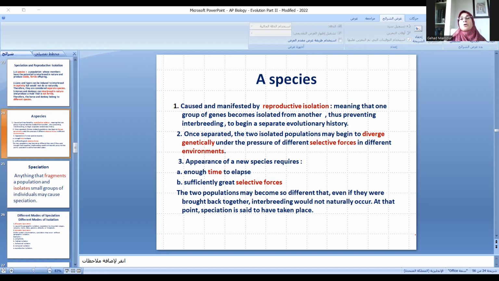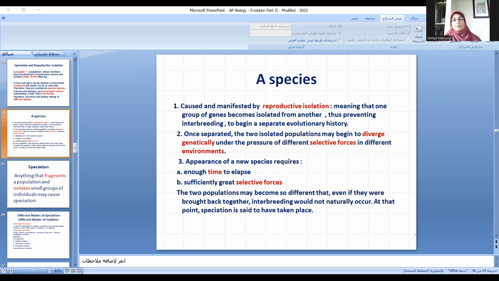There are different modes of speciation. We have allopatric speciation, the one we talked about, when there is separation by geographic factors like mountains, like rivers, like whatever geographical barrier that might separate the two subpopulations.